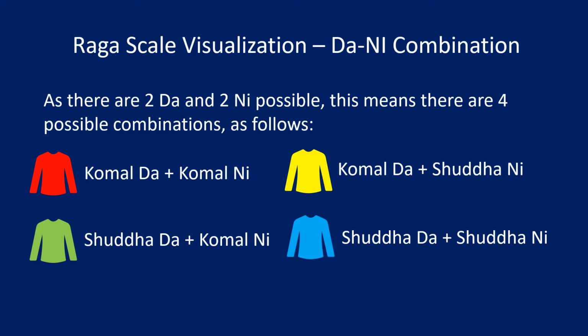Similarly, as there are 2 Da and 2 Ni possible, again you have 4 possible combinations of Komal and Shuddha Da and Ni, mirroring what has happened with the Re-Ga combinations.